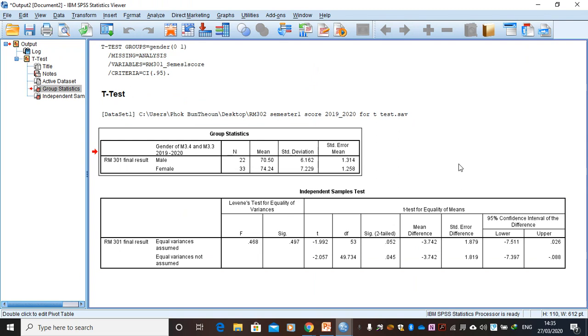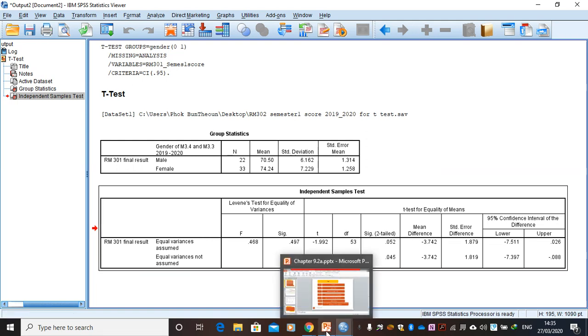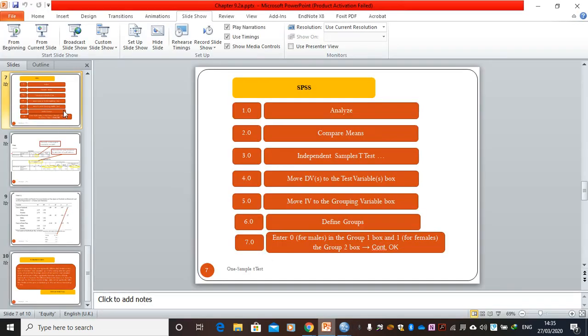That we just performed. There are two tables, the descriptive statistics table and the t-test table. So I shall switch to our PowerPoint screen, because it's bigger and clearer over there.